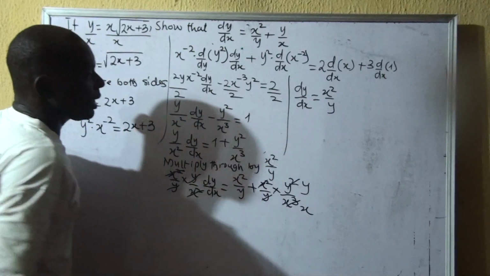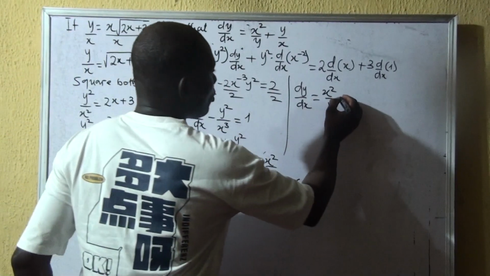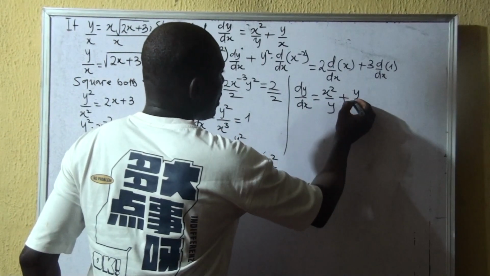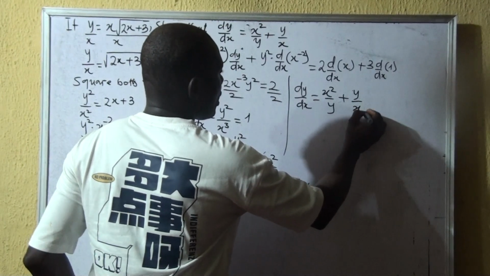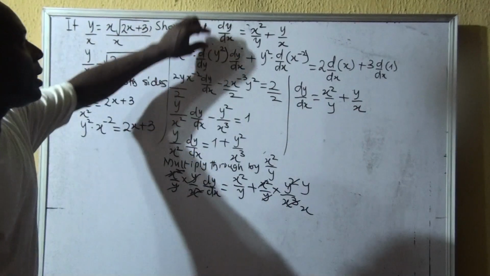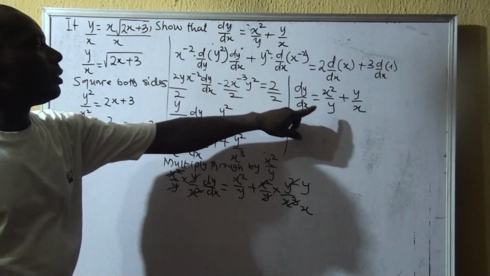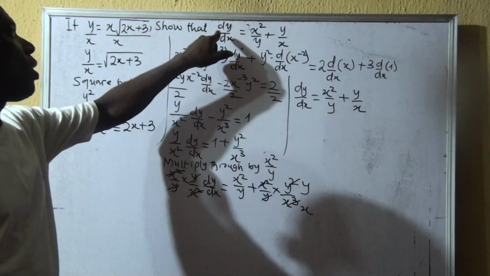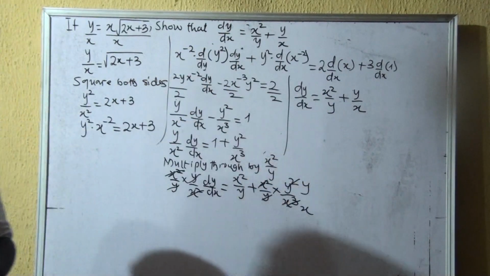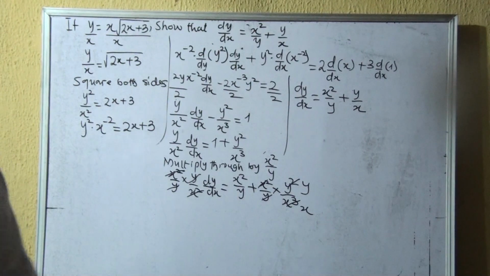What is left here is x, so this becomes plus y over x. And you see that it has the same expression as what we're asked to show. Please, this is how this expression can easily be resolved.